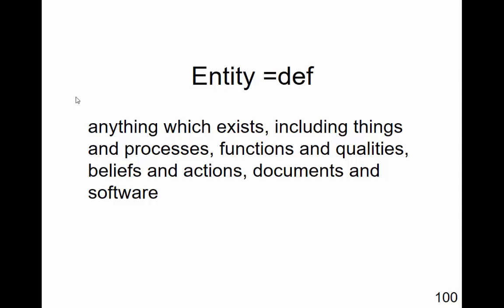Everything below entity is something which exists in the sense in which all of the things that our Italian colleague at the back is worried about exist. So tax brackets exist. Titles exist. If someone is a professor, then his professorship or her professorship exists.